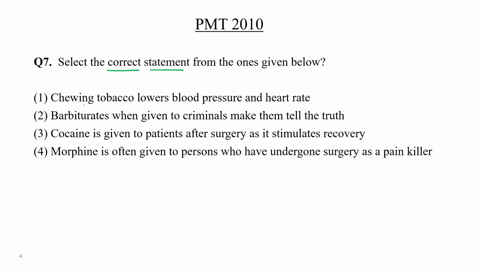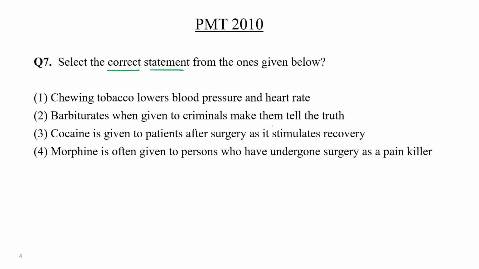Now tell me, does chewing tobacco lower the blood pressure or heart rate, or increase them? Chewing tobacco actually increases the heart rate, so this one is the wrong statement. Barbiturates when given to criminals make them tell the truth? No, barbiturates actually create a kind of euphoria.